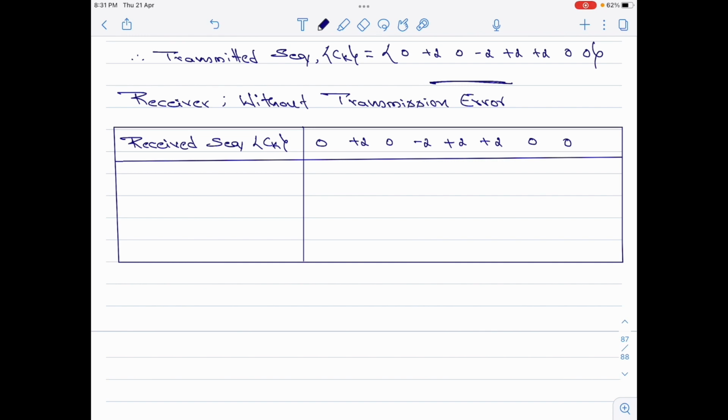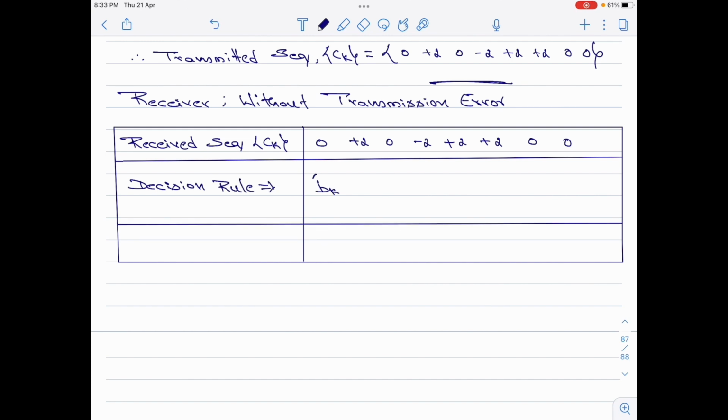Instead, we will be using a decision rule which is given by Bk cap is equal to symbol 0 if the magnitude of Ck is less than 1, symbol 1 if the magnitude of Ck is greater than 1. This will be the decision rule.